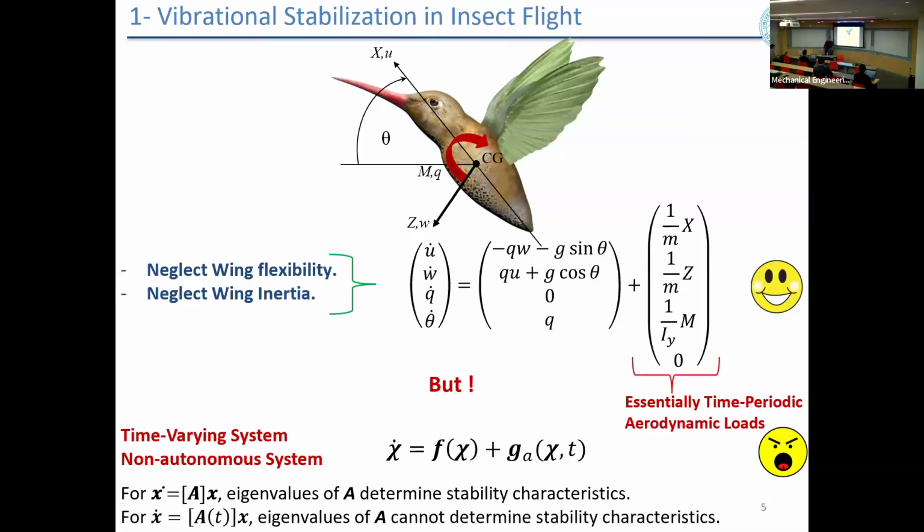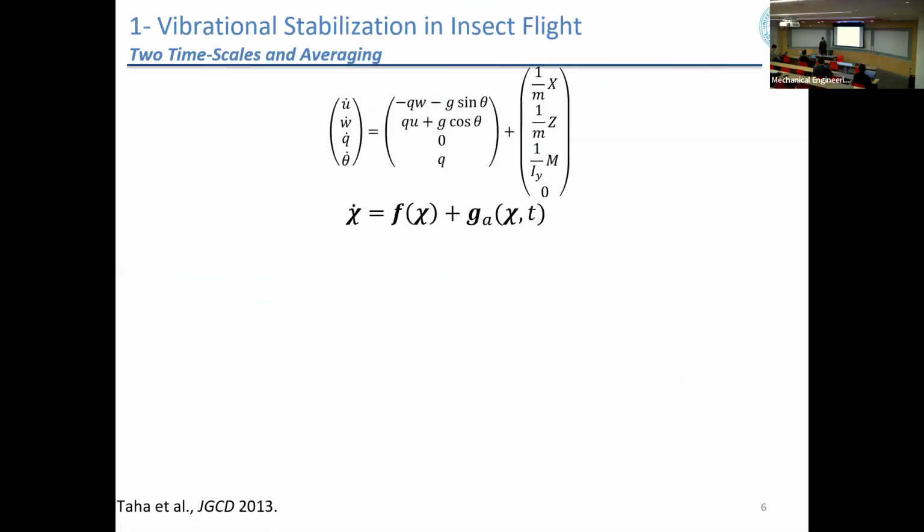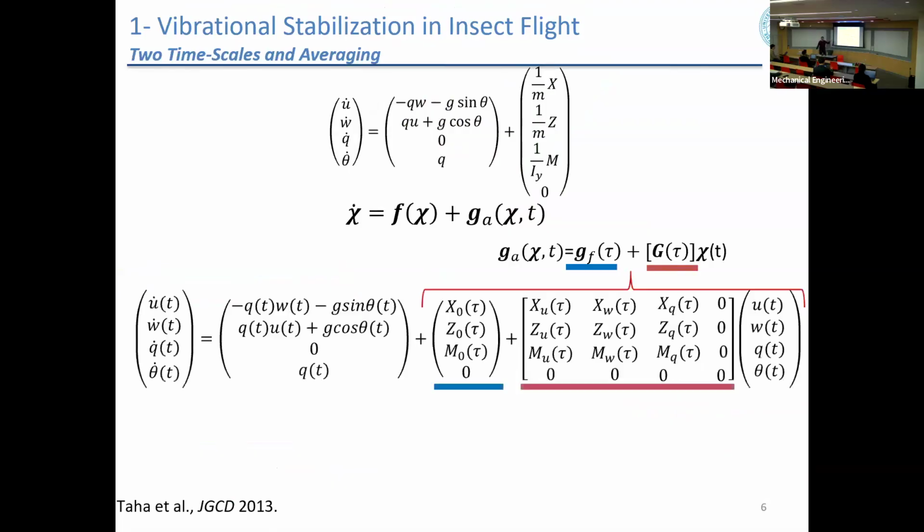But if you have A of t times x, if all the eigenvalues lie in the left half plane for all time, it doesn't guarantee stability, right? So unfortunately, we have explicit time dependence. And if we express our aerodynamic loads, which have dependence on time, linear in the state variables, linear in the motion variables, we will have this system.